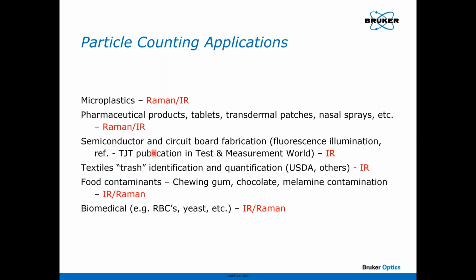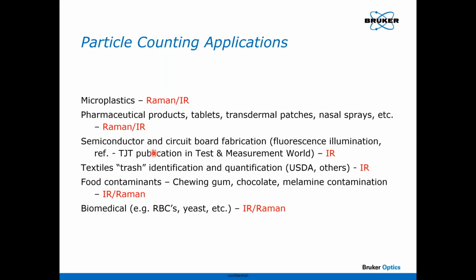In the textile community, they call it trash identification and quantification. USDA and others use this method and use focal plane array-based imaging to identify these things that don't belong in the cotton in particular, but others as well. Looking at contaminants, food contaminants and other contaminants in polymers as well.